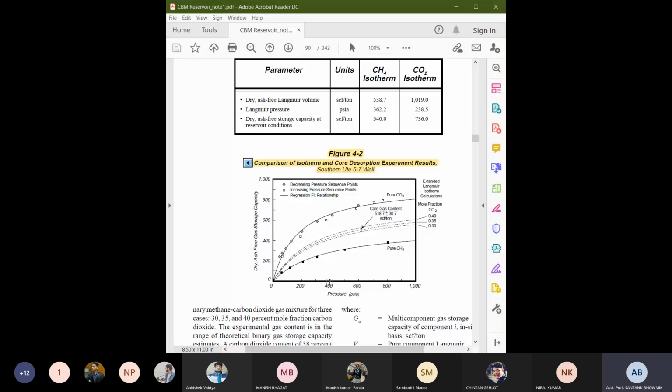Even if you send 100 molecules from the gas, depending on the pressure, it is not always possible that 50-50 molecules of methane and carbon dioxide reach the coal. It may happen at times that only 60 molecules of carbon dioxide go and 40 molecules of methane go.